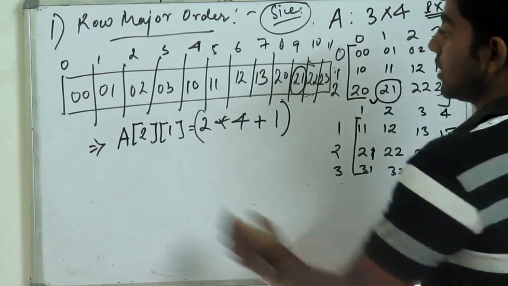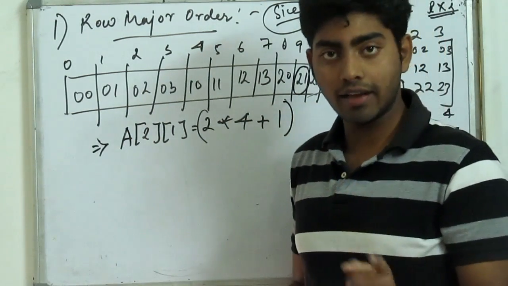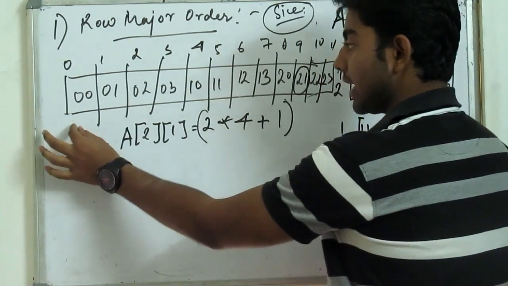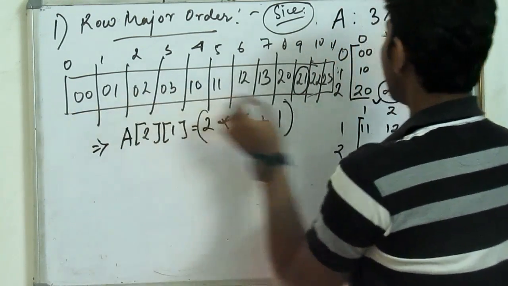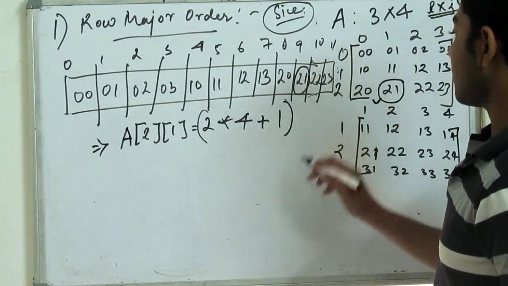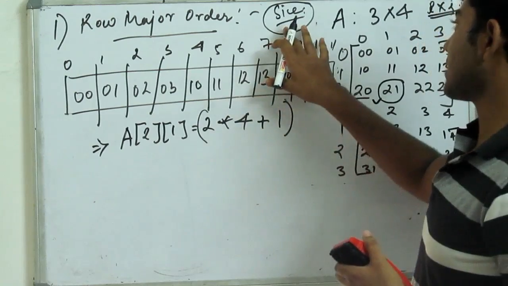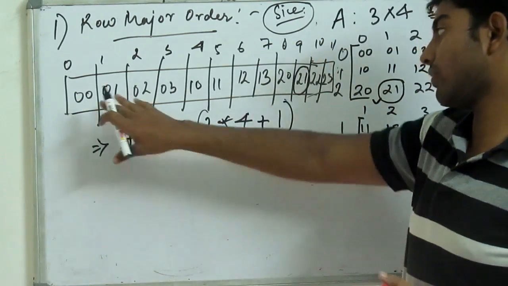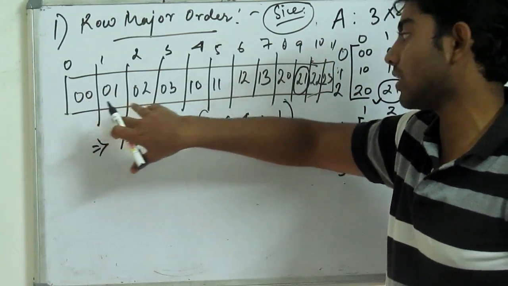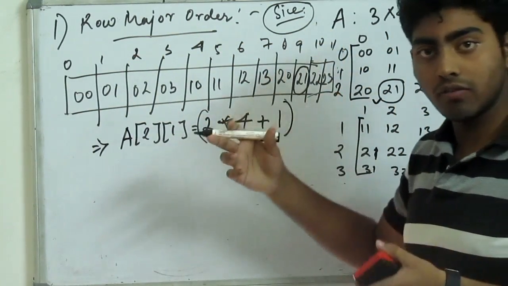Now as I told you, in memory each cell can have either 1 byte or 1 word. So depending upon that, we will also have to see how much size each element is occupying in the memory. So in order to generalize it, I am just having size, that can be, if it is byte addressable, 1 byte or 2 bytes, or if it is word addressable, 1 word or 2 words.